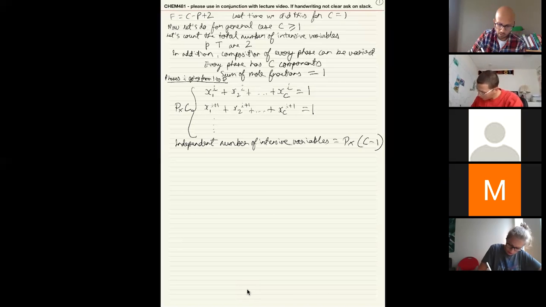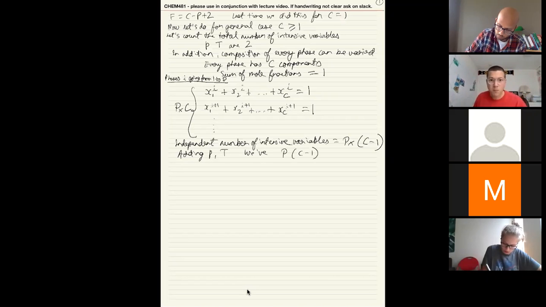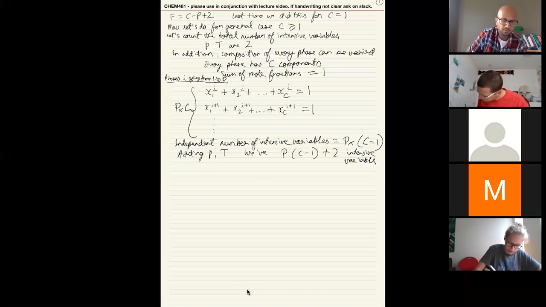This is only using the composition. Adding pressure and temperature, we have P multiplied by C minus 1, plus 2 intensive variables that can be varied. And so, what do I mean by intensive variables that can be varied?